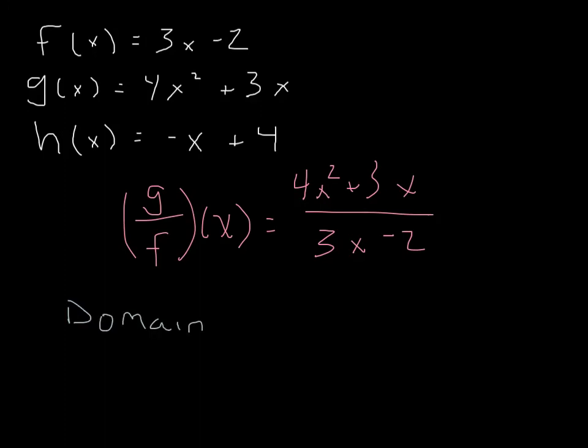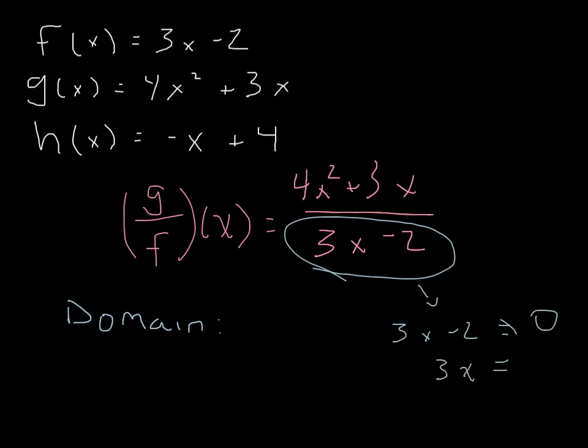Again, I have an x in my denominator, and that denominator can never equal 0. So I need to take 3x minus 2 and make sure that that does not equal 0. Well, if I add 2 to the other side and then divide by 3, I determine that when x is 2/3, my denominator will equal 0.